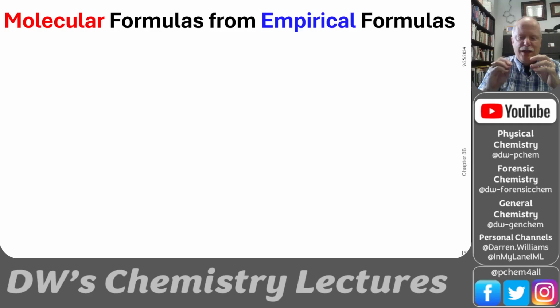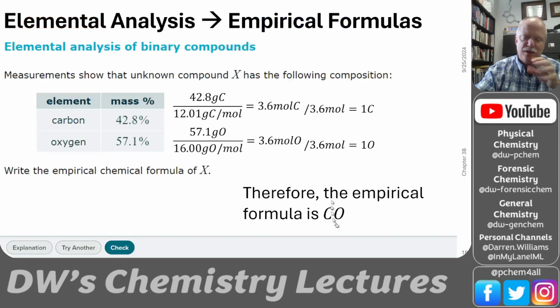Now, that's the empirical formula. That's the simplest set of whole numbers in terms of the subscripts, okay? The molecular formula may be something totally different. Like this may not be carbon monoxide.